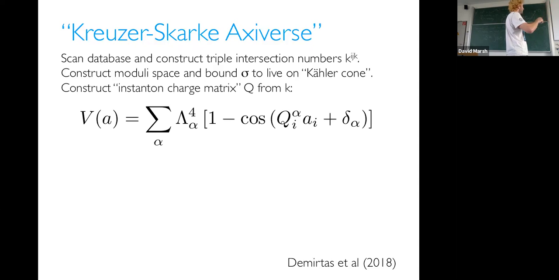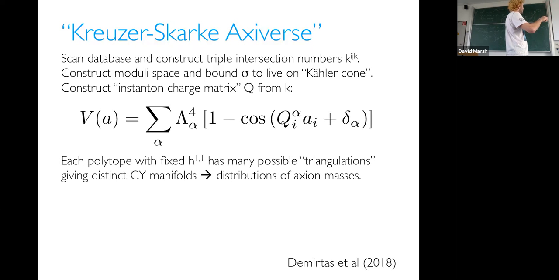They know this full potential, and they can compute for each value of the Hodge number h11 the distribution of axion masses for all the different polytopes, and within those polytopes, all the different triangulations. It's a huge database, they can't do all of it, they just do some sampling of it.